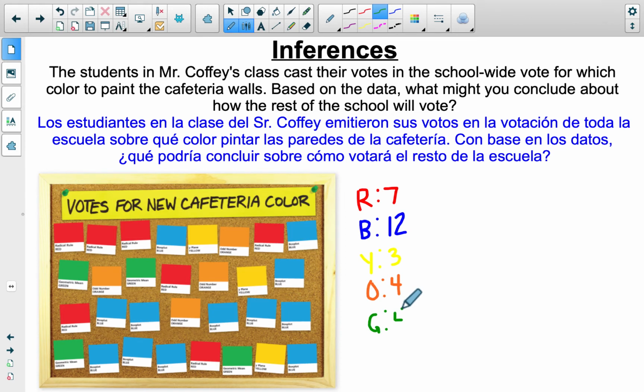All right. Now, in total, let's see how many votes were cast. We got 1, 2, 3, and so on up to 30. So this should add to 30, and I'm going to double check this and make sure it does. 7 plus 12 is 19, plus another 3, plus another 4, plus another 4. It does add to 30.